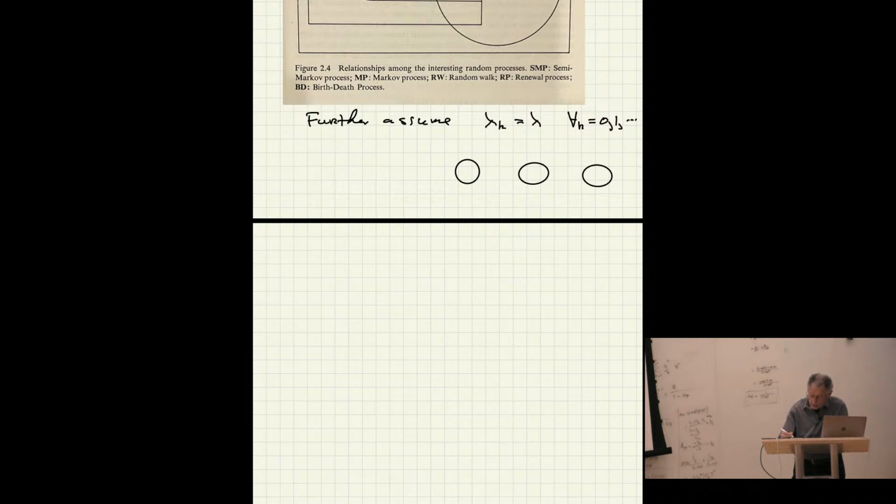I'm going to draw state k minus 1, k, k plus 1, and of course the transitions are from k minus 1 I can go to k, from k I go to k plus 1 on up, and below k minus 1 into it. But there's no way down.